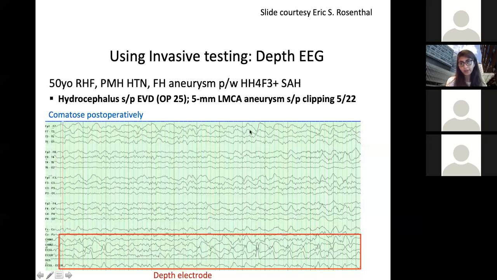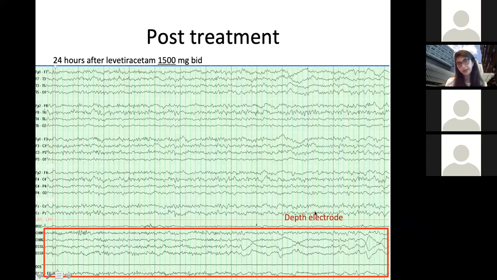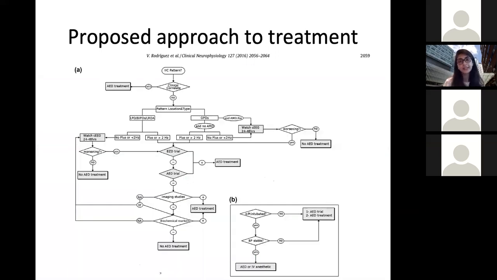When rhythmic delta was seen over the left cerebral hemisphere, concomitant periodic discharges were seen on the depth recording. Combining all the data, the treatment team decided to treat the patient, reinitiate Keppra and increase the levetiracetam dosing. What they found after treatment was an improvement on the scalp EEG, resolution of the periodic discharges on the depth electrode, and a clinical improvement in their exam. So, just another example of how combining different data points can help manage these patients.